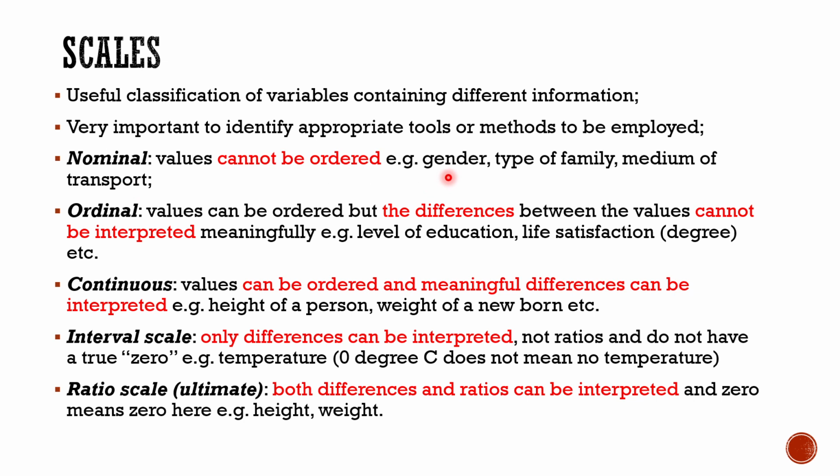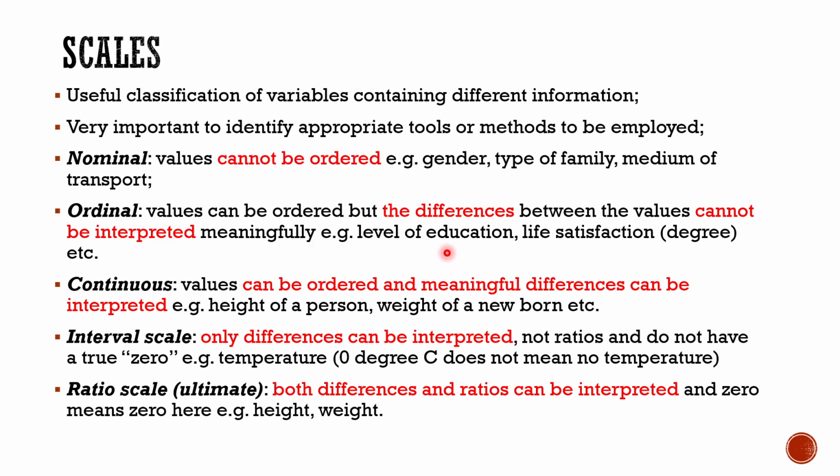Like I have already mentioned, gender or sex. You can assign numbers 1 to male, 2 to female, but it cannot be ordered. It doesn't mean that one will come before two. Likewise, type of family, medium of transport. The second is the ordinal scale. Here the values can be ordered, but differences between the values cannot be interpreted meaningfully.